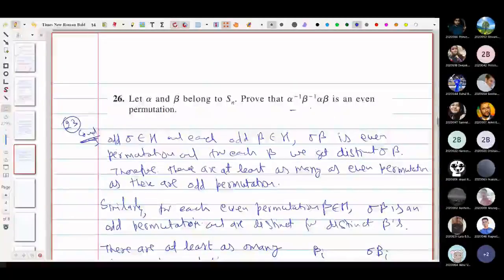There are many possibilities for alpha and beta. One may be even, one may be odd, or both may be even. Correspondingly, if alpha is even then alpha inverse is also even, and beta inverse is also even. So in this way you can do all of these cases. Fine.